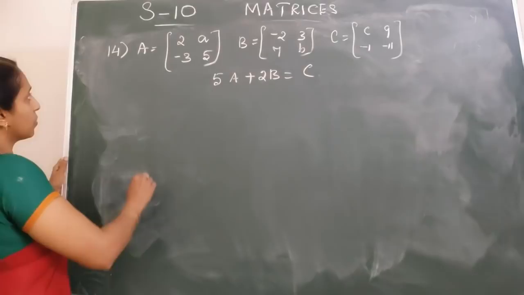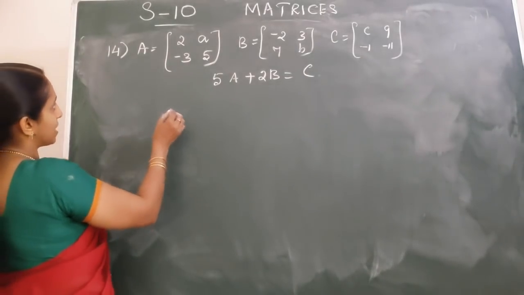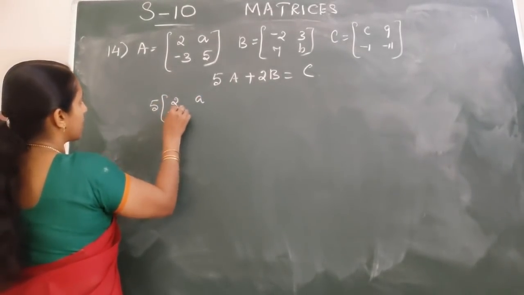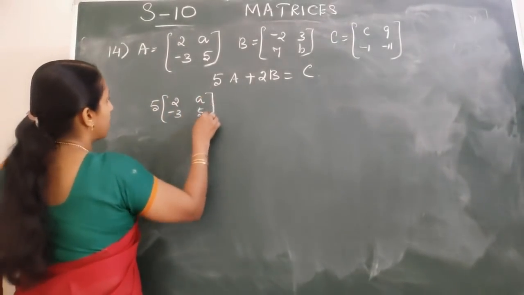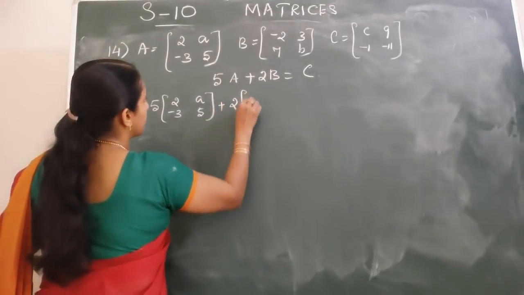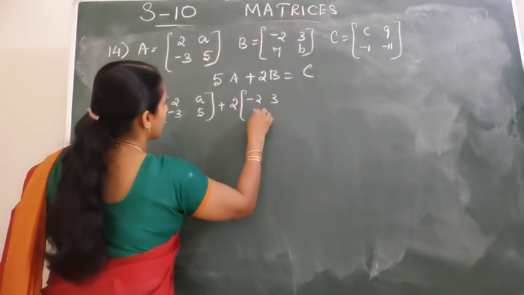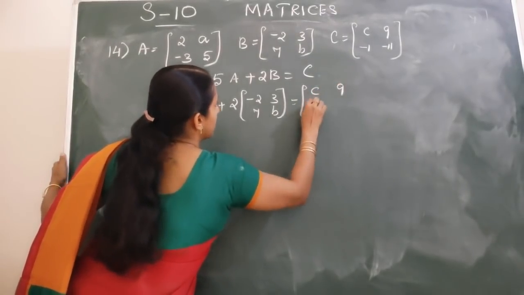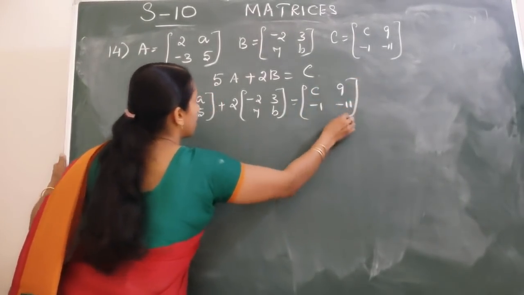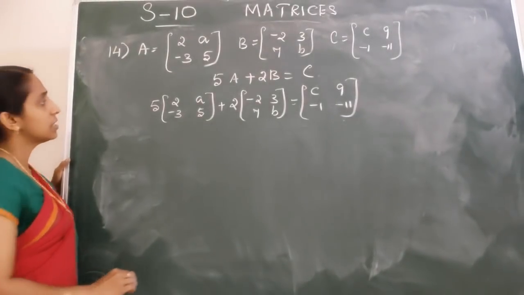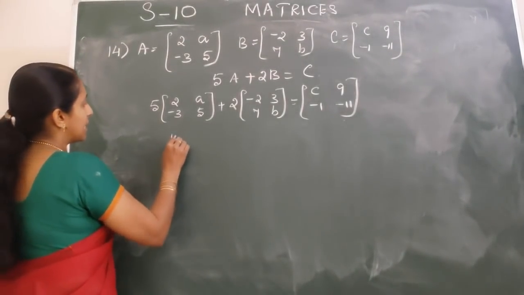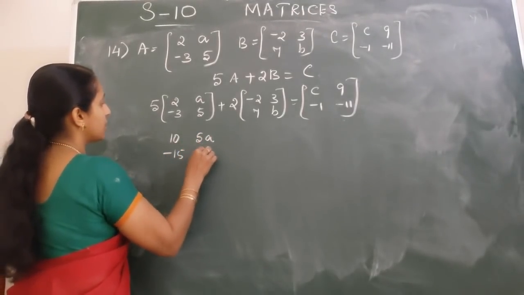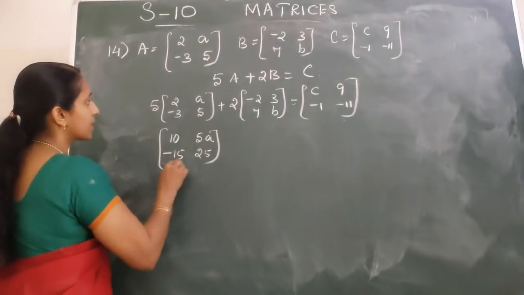So you are going to take out the 5A plus 2B. That means 5 into matrix 2A minus 3, 5 plus 2B minus 2, 3, 7B equal to C, 9 minus 1 minus 11. 5A plus 2B equal to C. So you will get 10, 5A minus 15, 25, right?